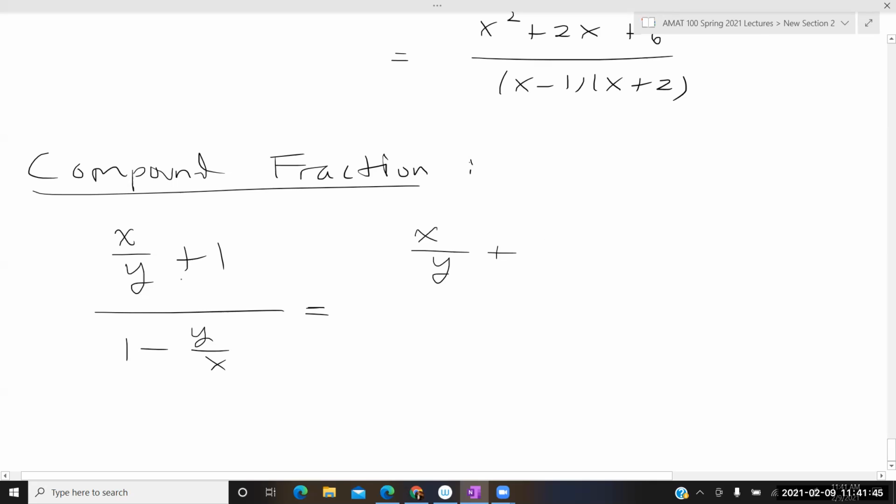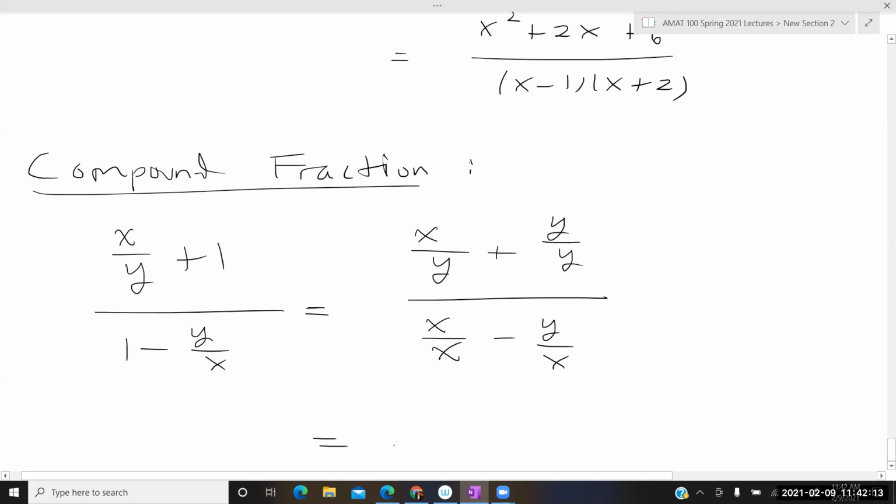To simplify the numerator, we have to change 1 into y over y. So now we have something that has the same denominator as the fraction x over y. And we want to do the same thing to the 1 in the denominator. We want to convert it into a fraction that has the same denominator as y over x. So we'll change 1 to x over x.